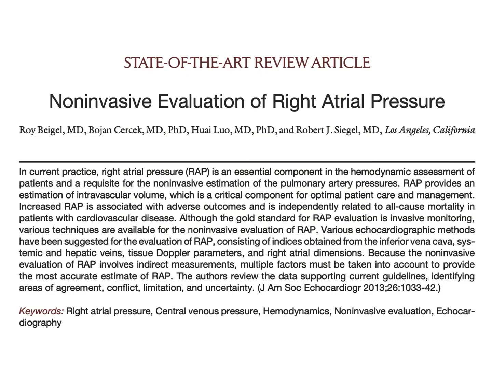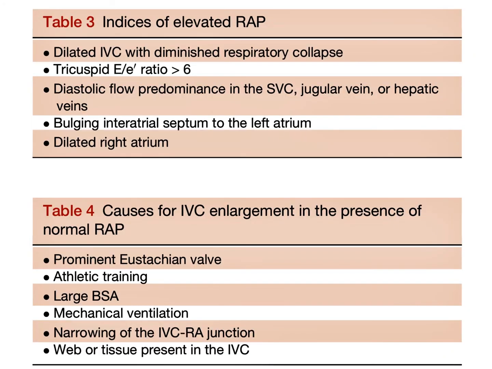And a lot of this has to do with non-invasive evaluation of right atrial pressure, which can be problematic. We all know from the various guidelines that we should look at more than just the inferior vena cava. In fact, dilated inferior vena cava with diminished respiratory collapse is just one parameter to indicate an elevation in right atrial pressure.